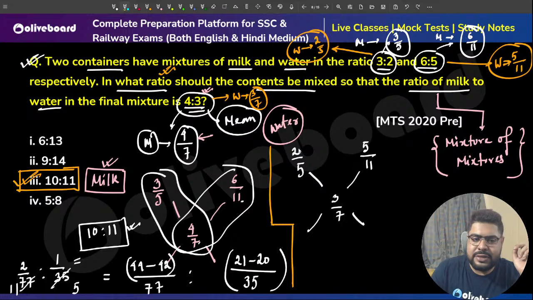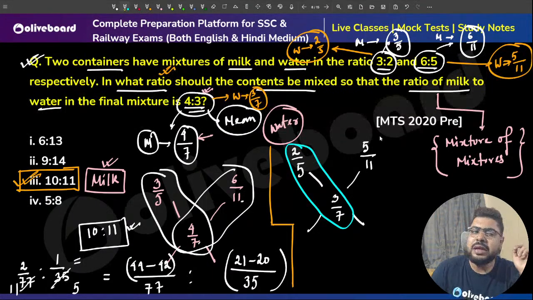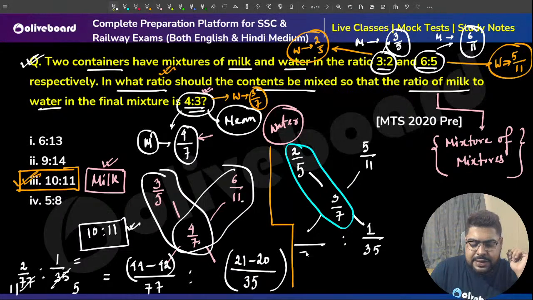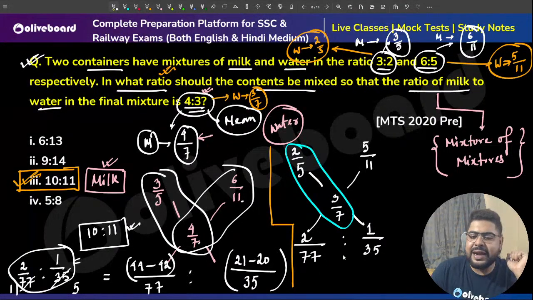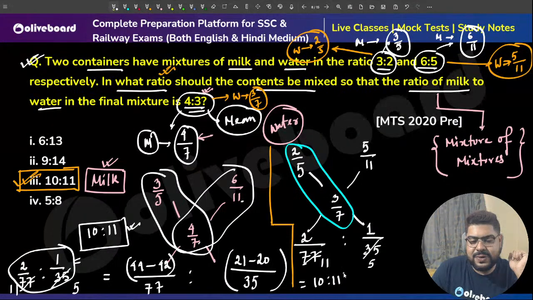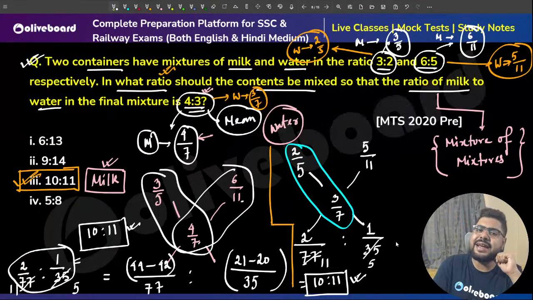Crosswise difference: 35 is the LCM. 7 2s are 14 and 5 3s are 15, 15 minus 14 is 1. Again 7 into 11, 77, and 7 5s are 35 and 3 into 11 is 33, so 2/77. We got the same thing. So 7 5s are this, 7 11s are this, and it will again be 10 is to 11.